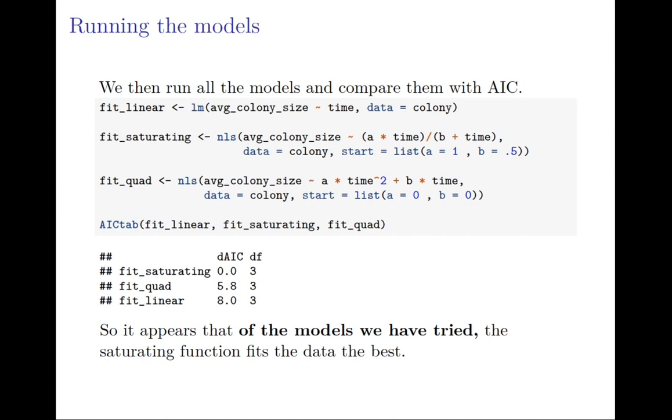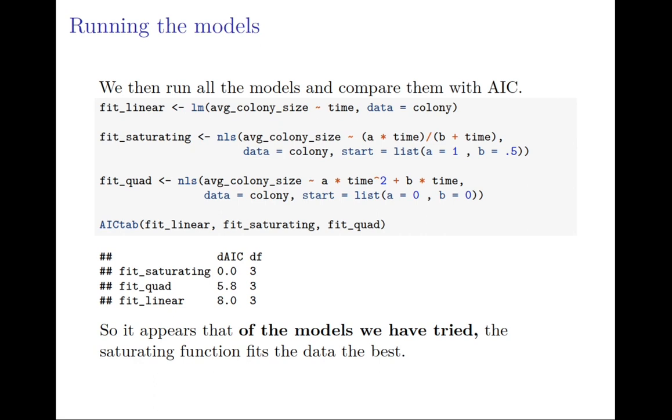Then you could do a saturating model, which we're going to call fit saturating. Here you use the NLS function, and you have your y variable as a function of the function we described on the previous slide, a times your x variable time over b plus time. And here you have your start list.